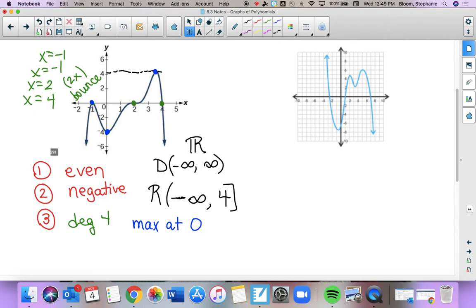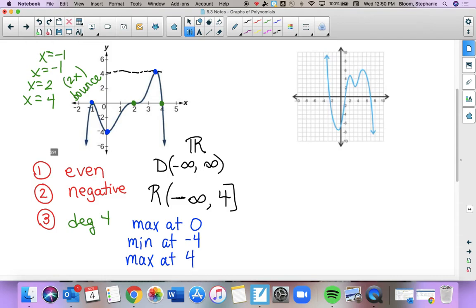So that's a max at 0. Okay, let's go to this one. Is that a max or a min right there? That'd be a min. What is that at? -4. And then is this one a max or a min? A max. And what is that one at? +4.